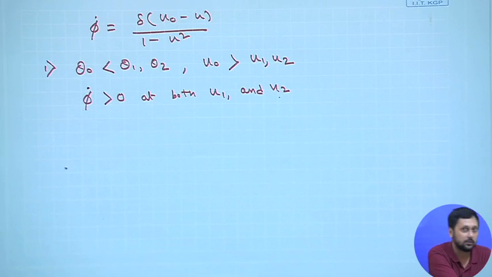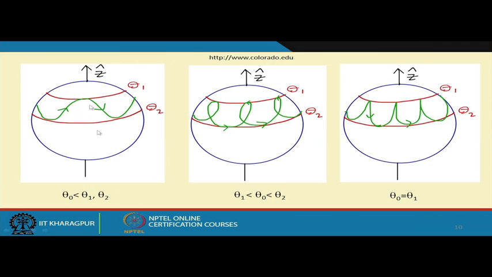Now, let us switch to the computer screen. This describes the first case where theta 0 is less than both theta 1 and theta 2, so we have precession speed greater than 0 in both limits. That means I am tracing the tip of the top as a function of time. Because it is a fixed length, it has to be on a sphere.